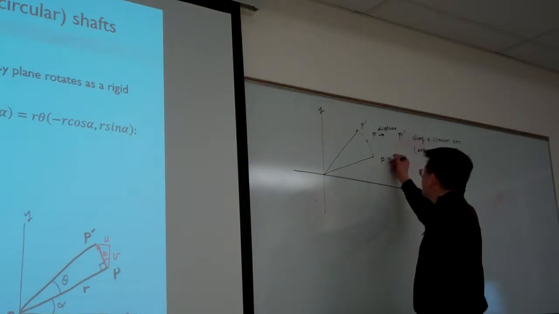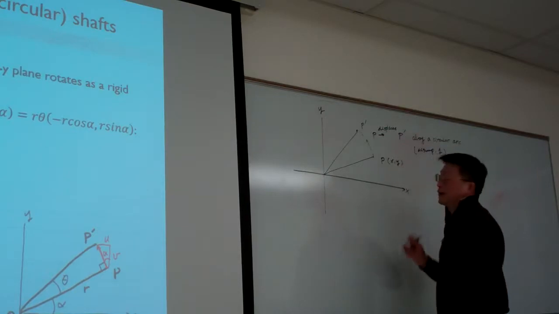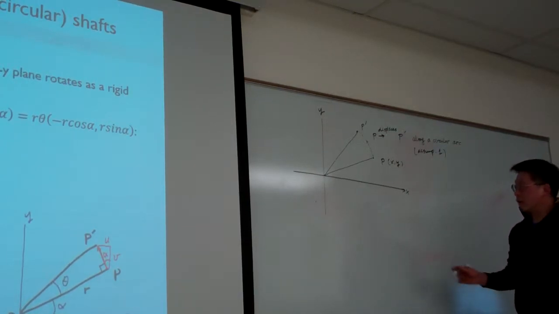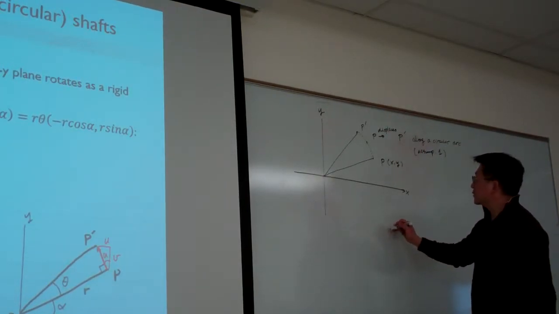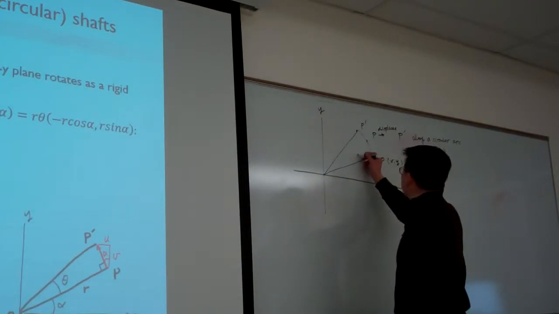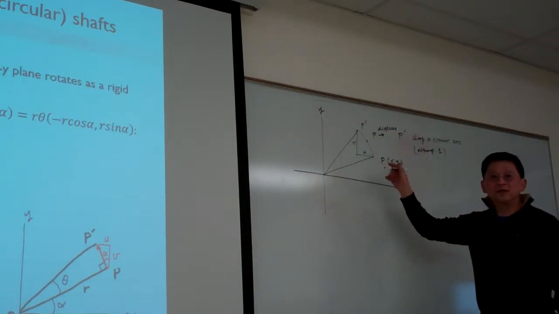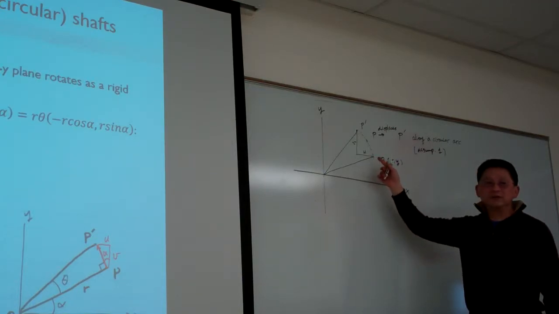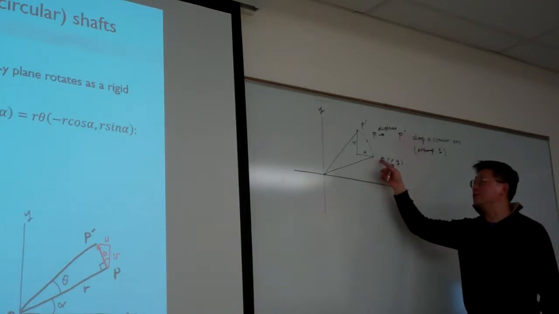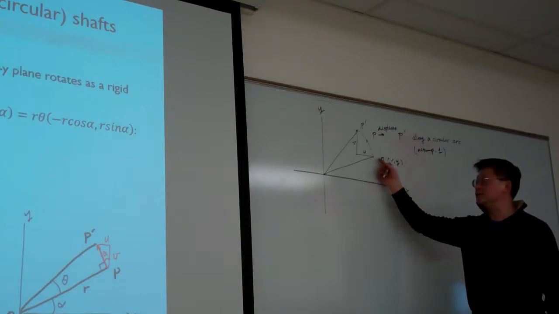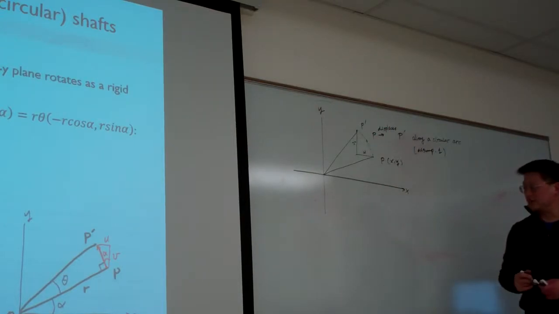Let me say P has the coordinates x, y. Our goal is to find out u and v, so let me highlight them here. This amount is u, and this amount is v. If you want to justify the displacement for this illustration, you can tell right away.